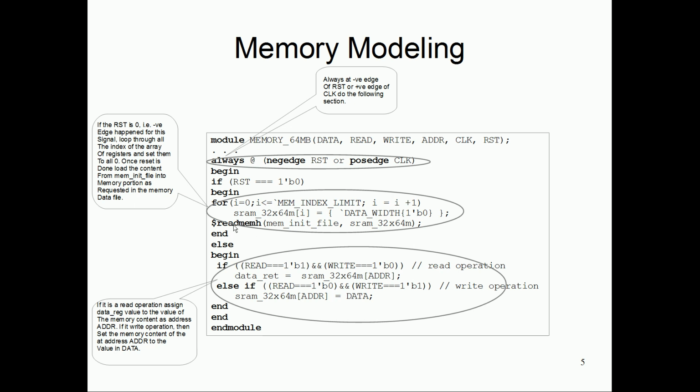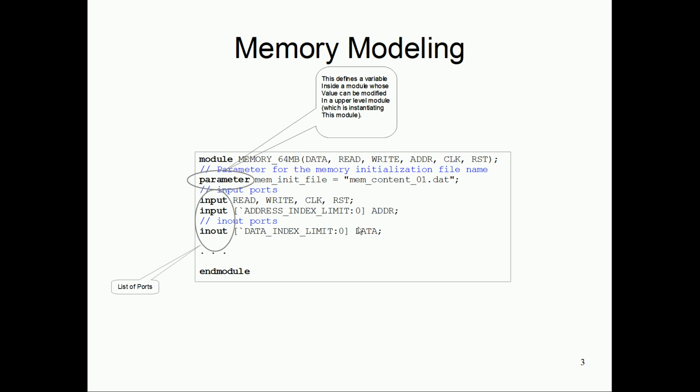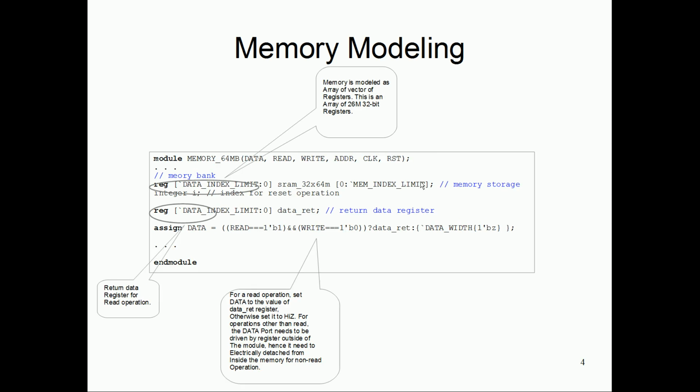Now the next part, this is not actually done in real hardware, but it's for our simulation purpose. We want to load the initial program into the memory. So there is a read mem h, which means read memory in hex format. The memory init file is a parameter. Remember that parameter whose default value is memory content .dat, which can be changed at instantiation time.